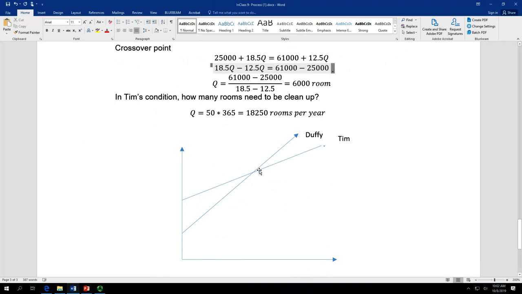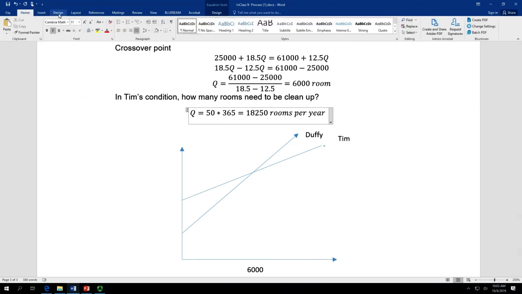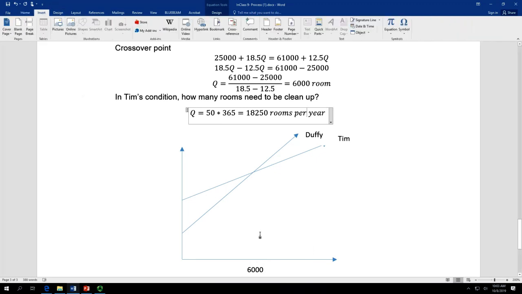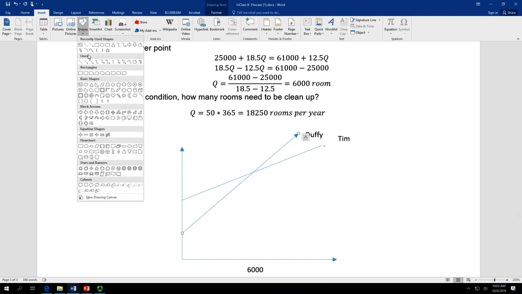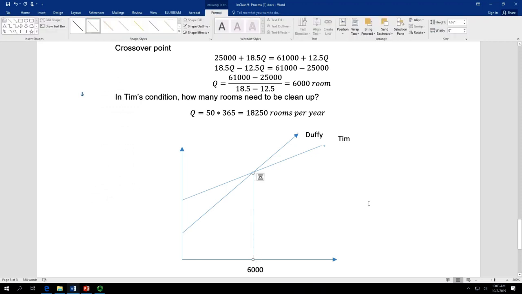Now this point is 6,000. You can draw a line like this, 6,000.